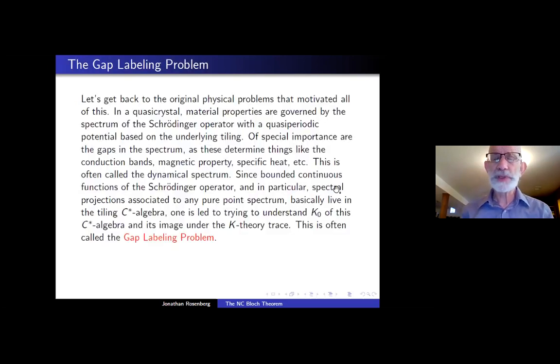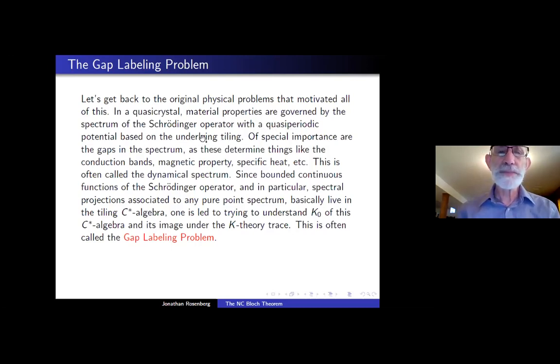So now let's go back to the original physical problem. We wanted to try to understand the material properties of a quasi-crystal in terms of this mathematical model. Those are governed by the spectrum of the Schrödinger operator, which has a kind of quasi-periodic potential based on the underlying tiling. Quasi-periodic actually has a technical meaning, and there are some tilings for which this is technically quasi-periodic and some where it's not, but I'm using this word loosely here.